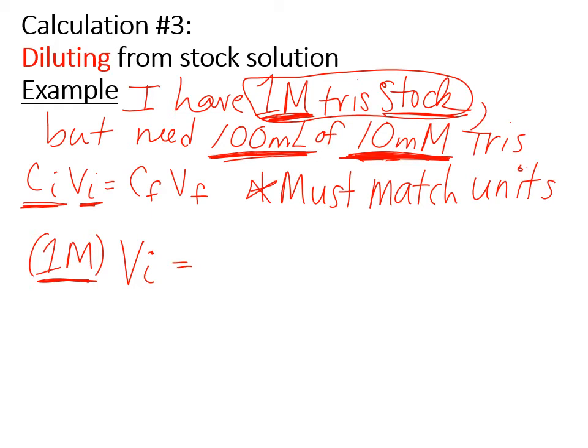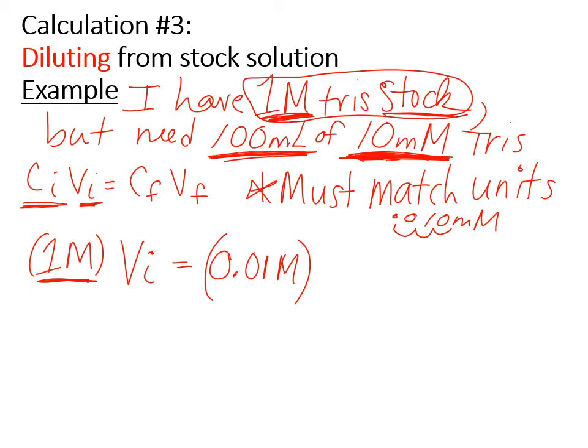How do you go from millimolar to molar? 3 decimals to the left, okay? So we take that 10 millimolar and we go 1, 2, 3 decimals to the left, fill in that empty space with the 0, and that tells us we want 0.01 molar as our final concentration.